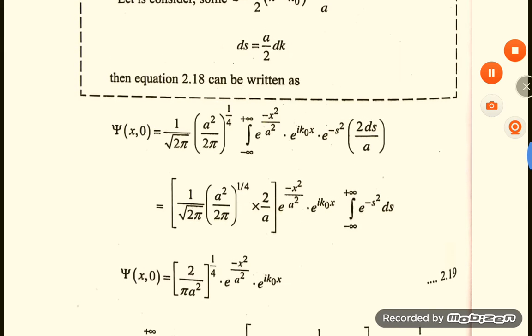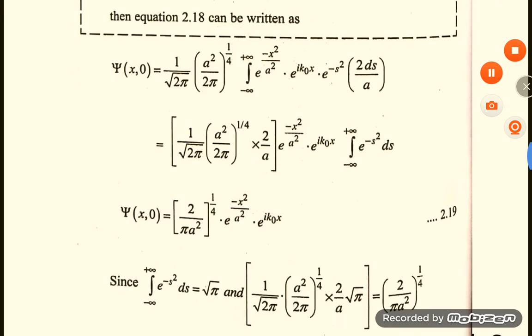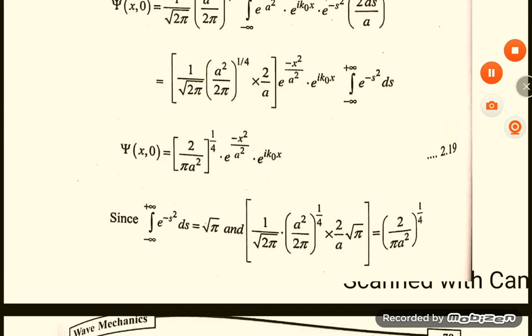That is equal to 1 by root 2 pi (a square by 2 pi) whole power of 1 by 4 multiplied with 2 by a, e power minus x square by a square e power i k naught x, integral from minus infinity to plus infinity e power minus s square ds.